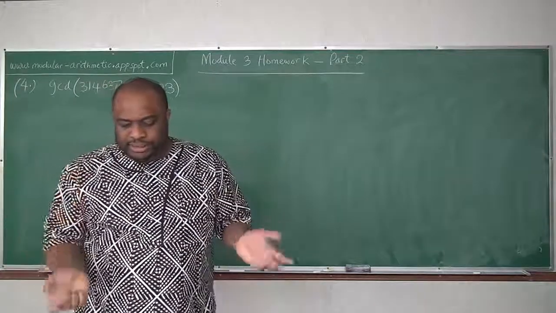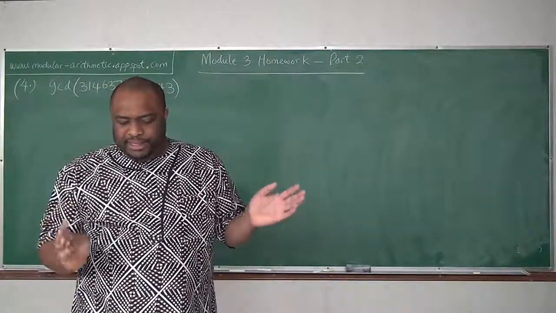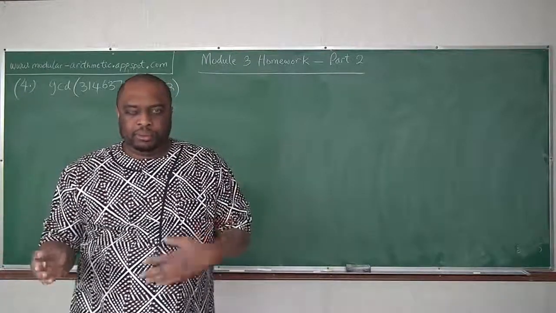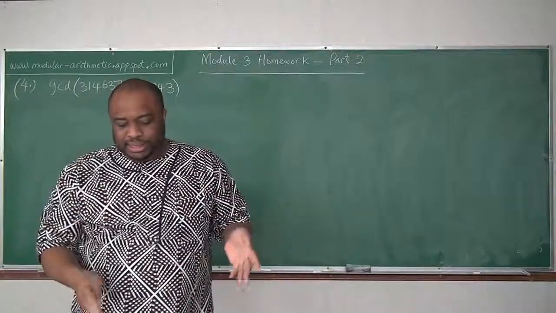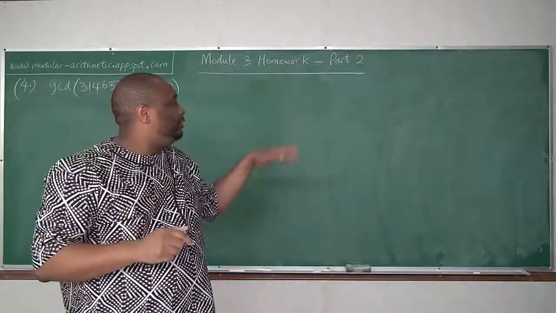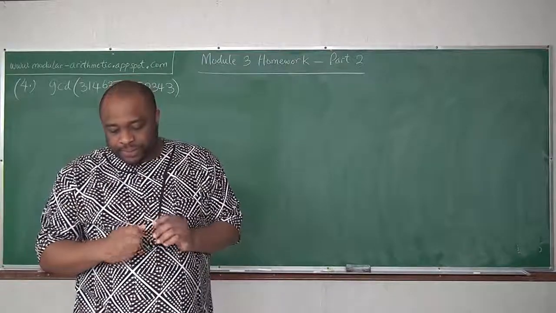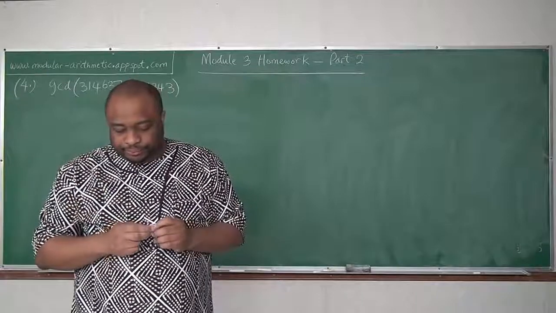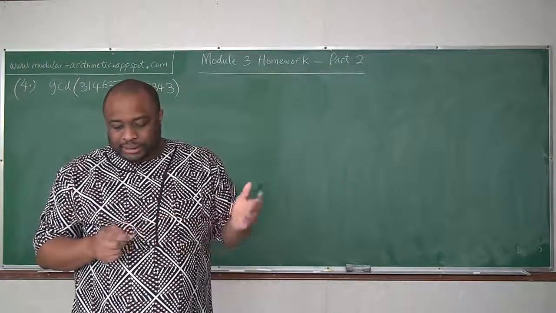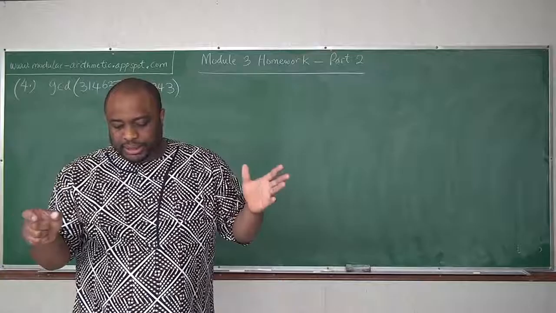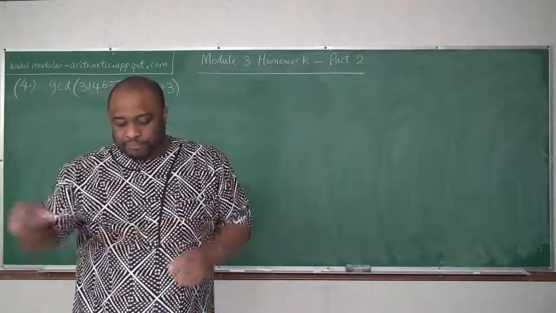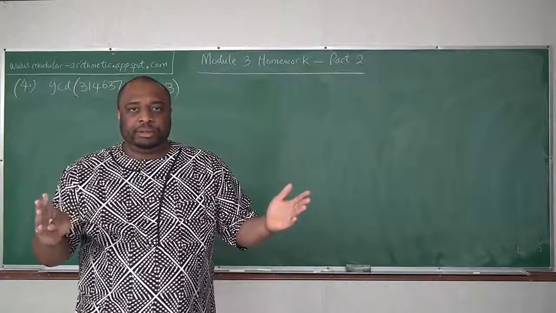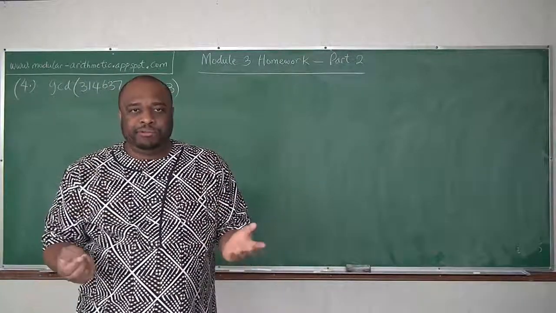Then use this algorithm to find integers s and t. I'm going to use two other letters, because if I write s you might mistake it for 5. We write the GCD as a linear combination, so we're going to look for the Bezout's coefficients.